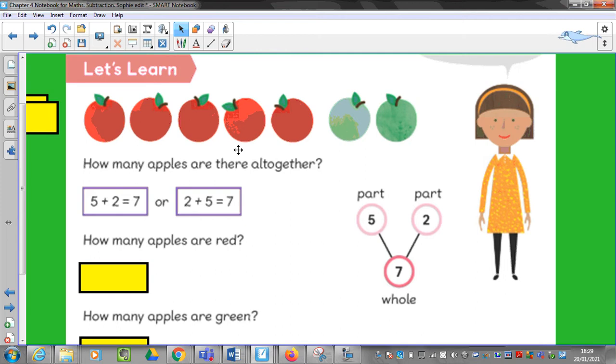Now looking at this part-part whole model over here, we can check our addition number sentences to see if they are right. Now the whole number is 7 because there are 7 apples all together, and a part is 5 and a part is 2. Now you know that you could swap these 2 parts around and you will still end up with the same whole number. So let's have a look then.